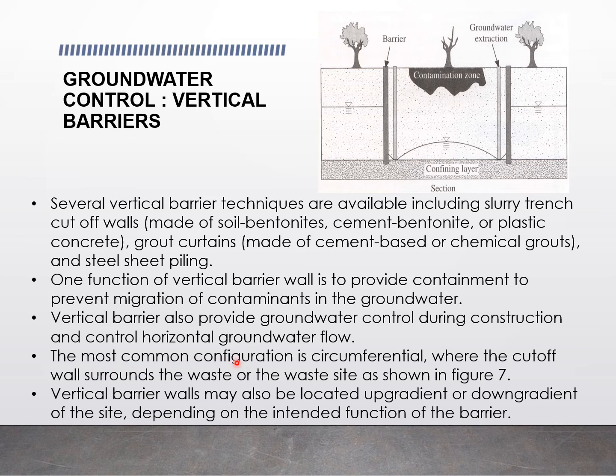The most common configuration is circular, where the cut-off walls surround the waste site, as shown in figure 7. This is from the book, from the extra notes they are giving to you. Vertical barrier walls may also be located upgradient or downgradient of the site, depending on the intended function of the barrier.